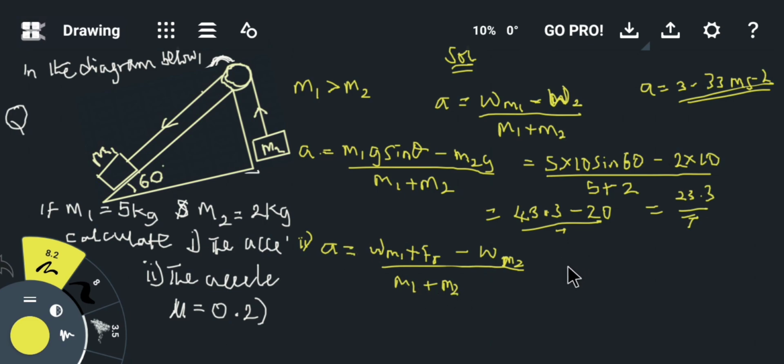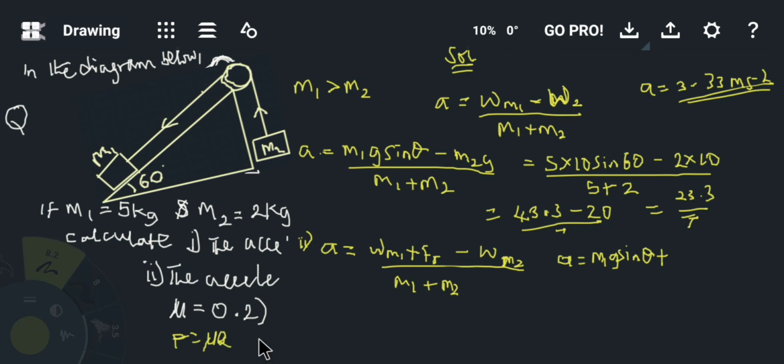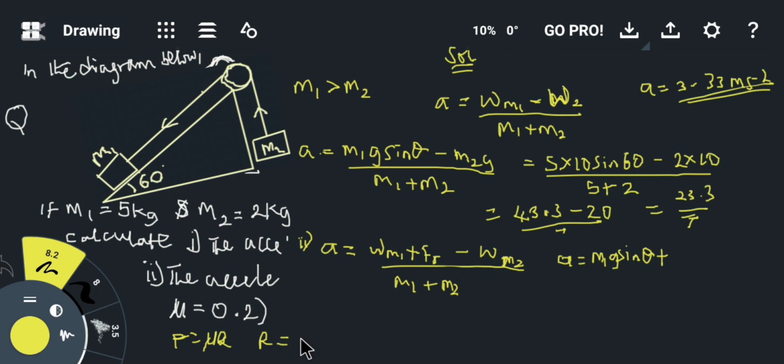If we expand that, acceleration will be equal to the weight of m1, which we already know is m1g sine theta, plus friction. We know frictional force is given as the coefficient times the normal reaction. And normal reaction is mg cos theta. Since the m here is m1, we work with that. So this is plus m1g cos theta.